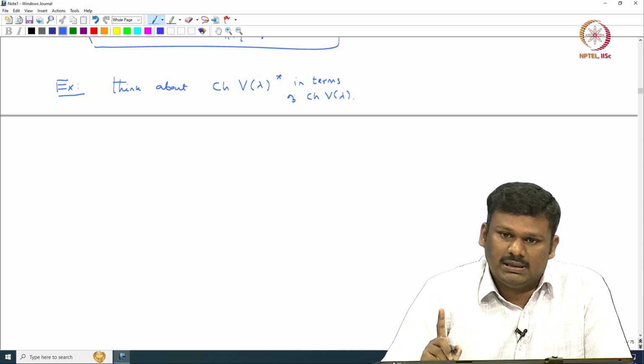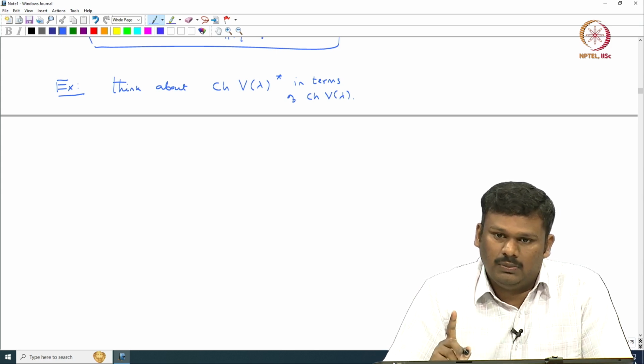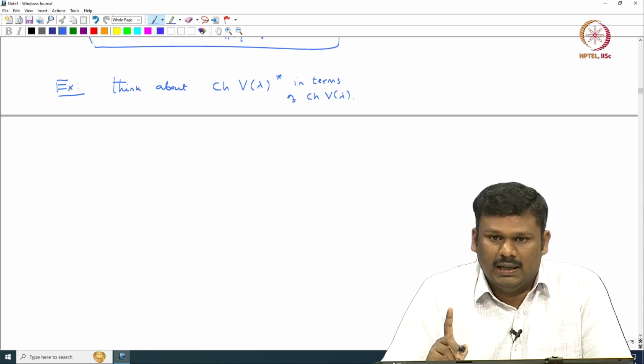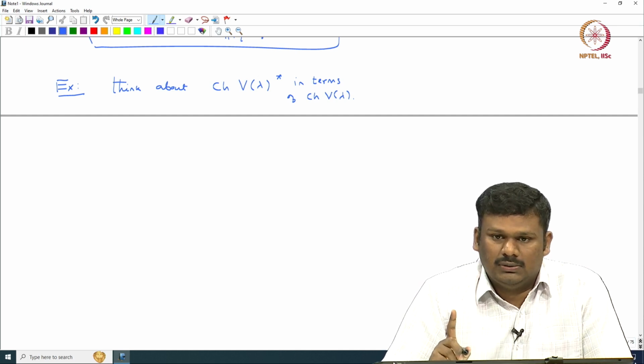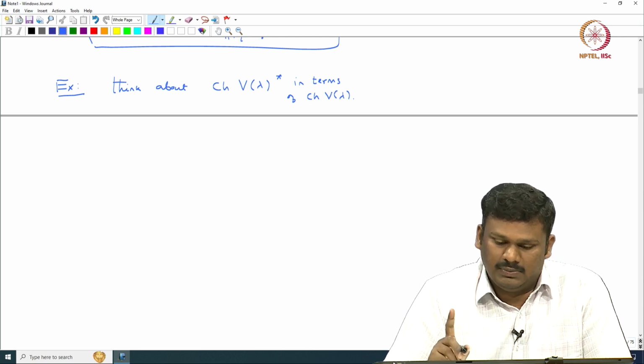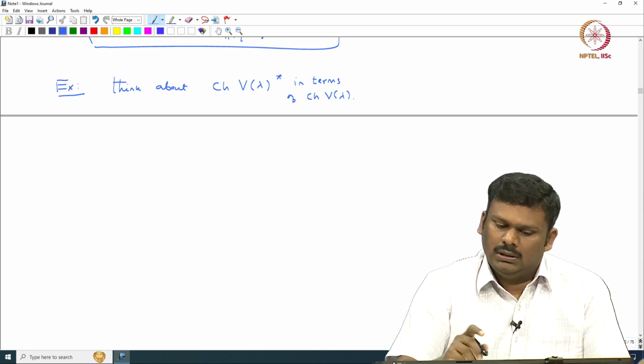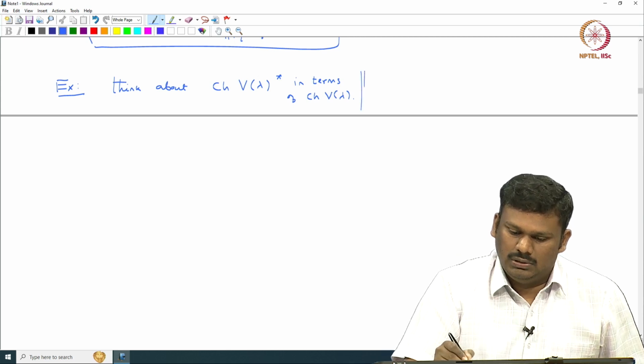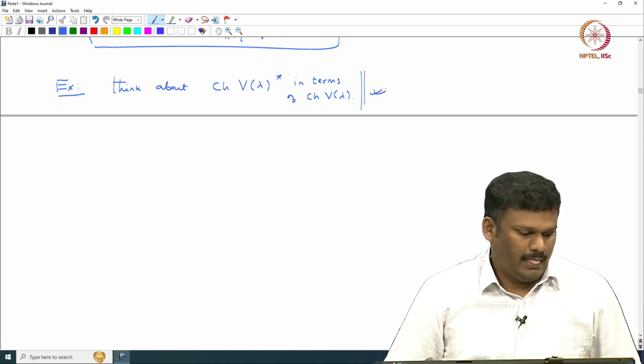So, it must correspond to some dominant weight. What is the dominant weight? You have to think about it. This is where you need the longest Weyl group element, which comes from this S n plus 1. This is just a computation.